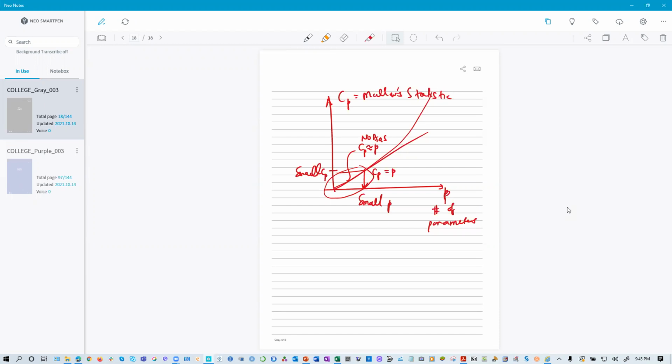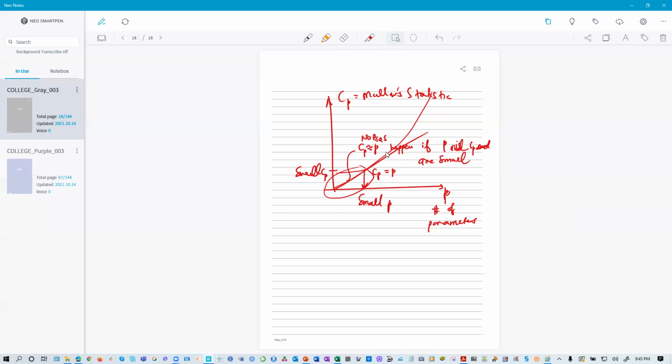CP equals P is going to happen only if P and CP are small; they both are small.